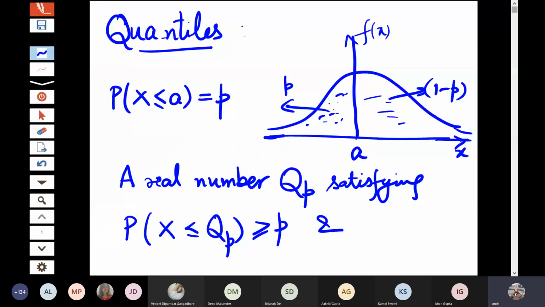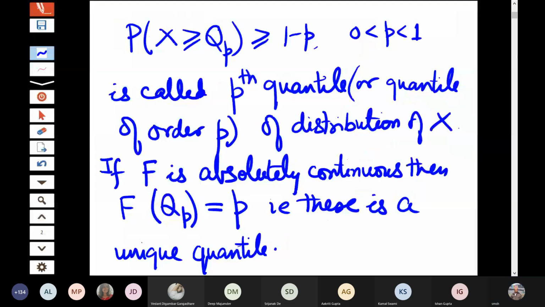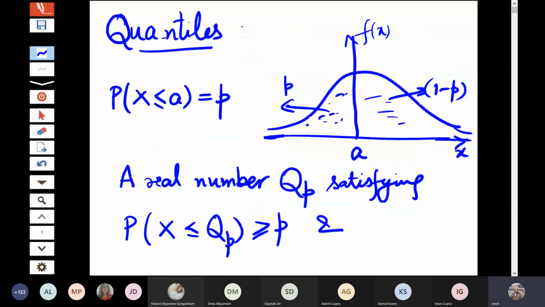Is the definition clear to you? Can all of you see here? Yes, sir. Okay. If we have a continuous distribution, like the one which I have drawn on the graph here, this quantile will be a unique quantile, because you will attain the value exactly.